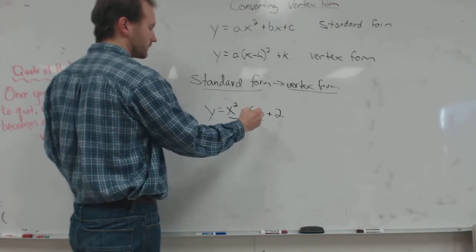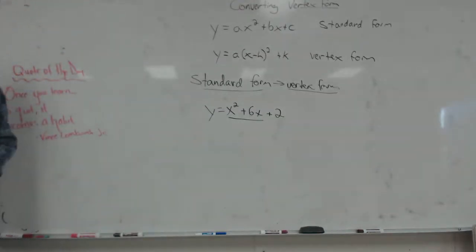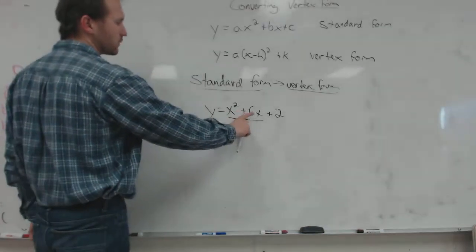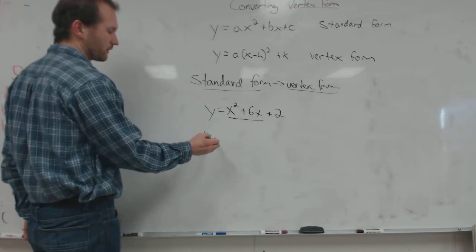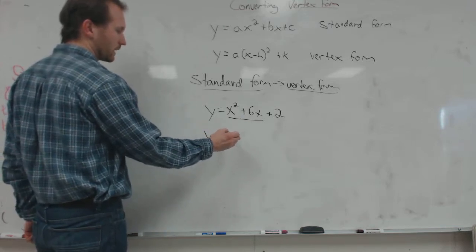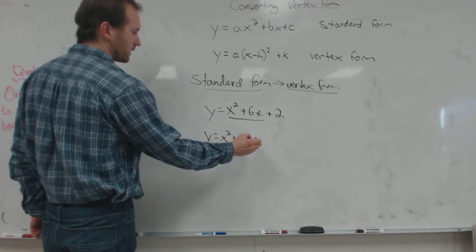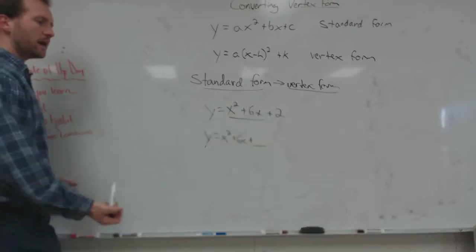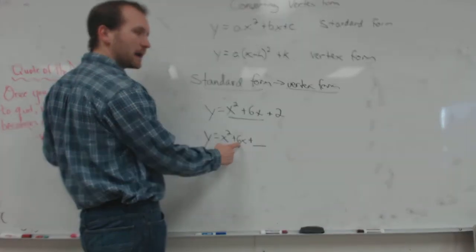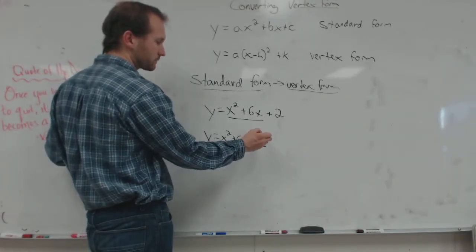Let's do 6x. You could do 5, but you'd end up with fractions. So if I have x squared plus 6x, what is the completed square version of that? X squared plus 6x plus something. 9. Yeah, it has to be 9 because 9 is half of 6 squared.